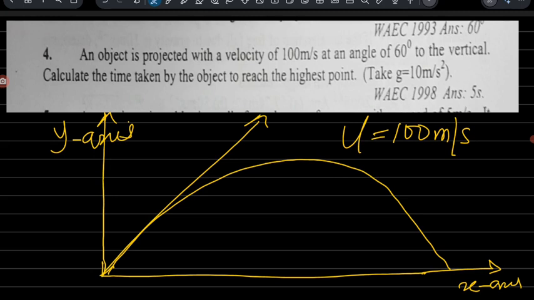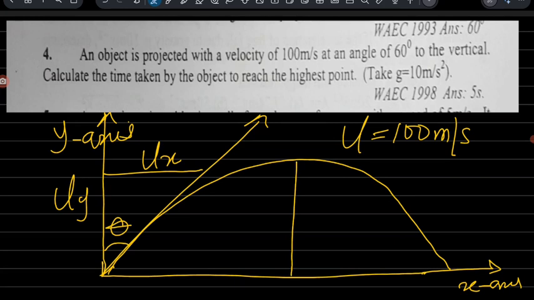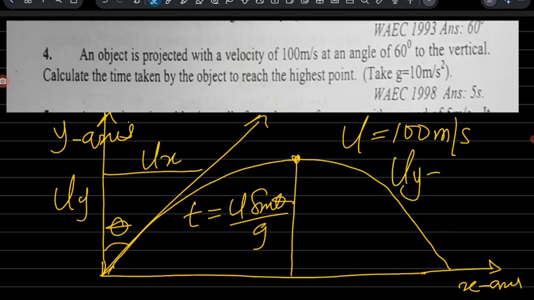But the statement said the angle is to the vertical, it occurs again like this, telling you that your ux and uy are now in different forms. The time taken to reach the maximum height, this point, has a quite different formula. That is small t is equal to u sine theta over g. But because the angle is made to the vertical, the sine will surely change to cos, because uy has changed to u cos theta.